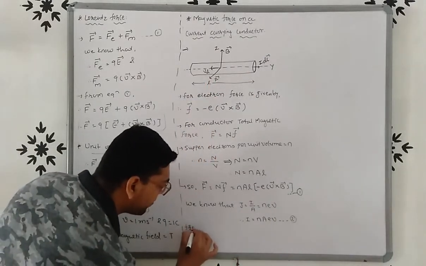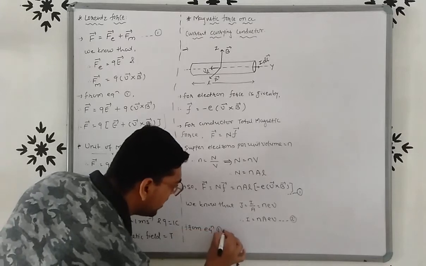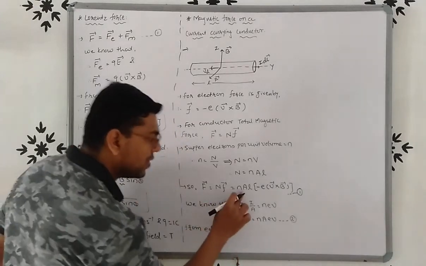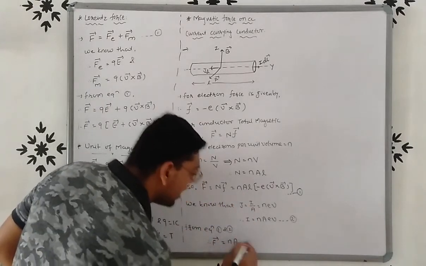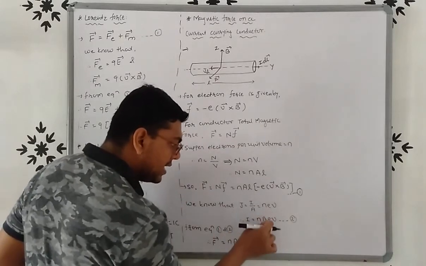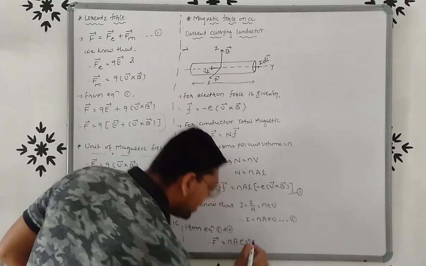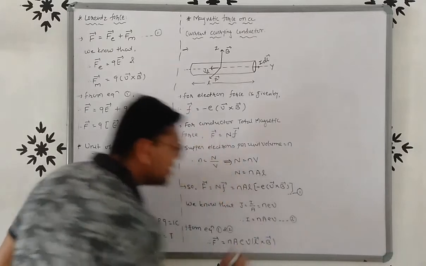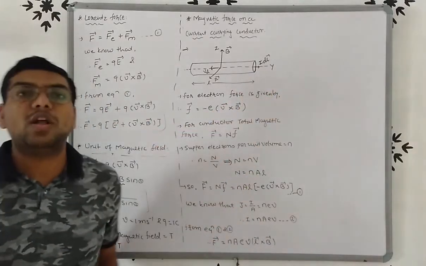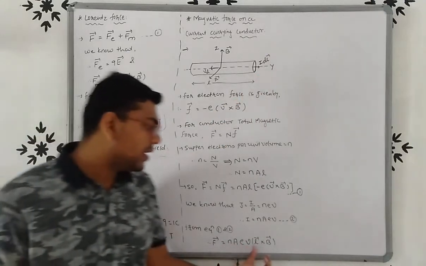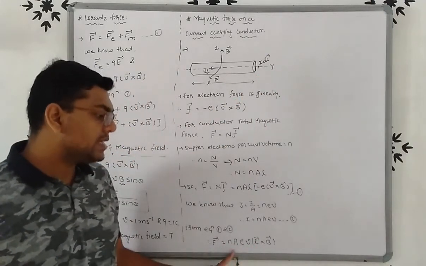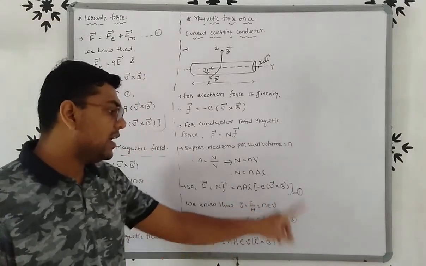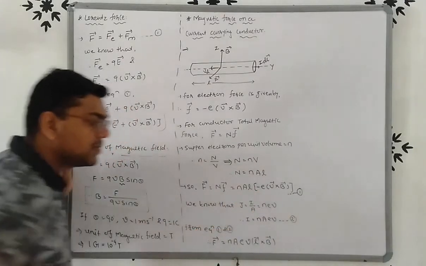So from equation 1 and 2 we can write that vector F is equal to n A as it is, then e v, then L cross B, because here there is a small current component, right, IdL. So we can easily write that n A e v into L cross B.